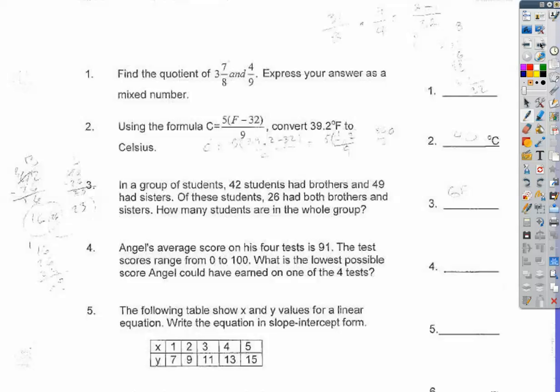Now for us to do this, first thing we have to do is convert this into an improper fraction, divide, and then turn it back into a mixed number. So to turn this into an improper fraction, 3 times 8 is 24. 24 plus 7 is 31. So we have 31 over 8. And we're multiplying it by 9 over 4.